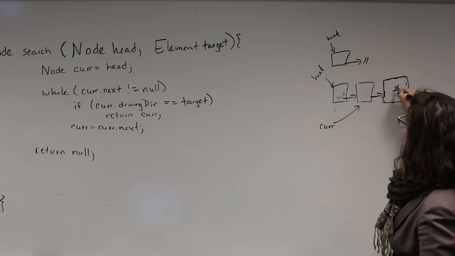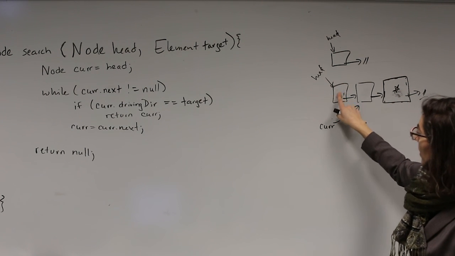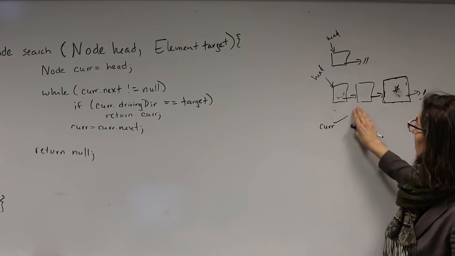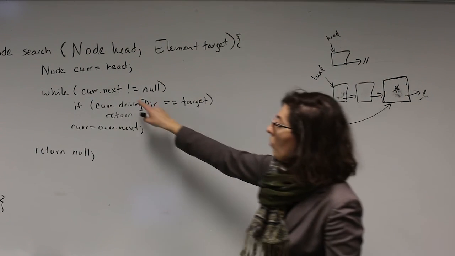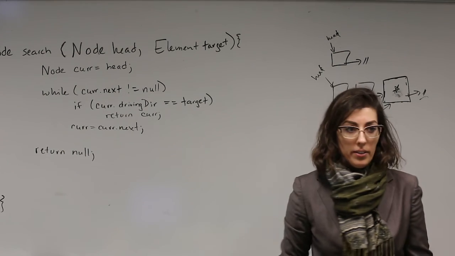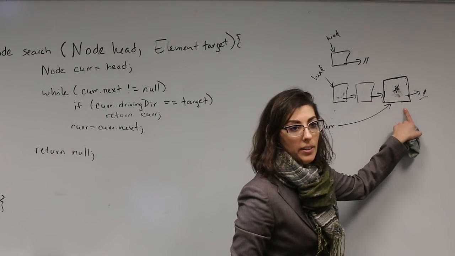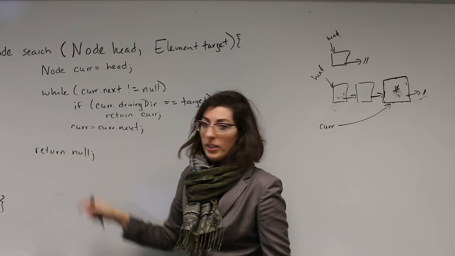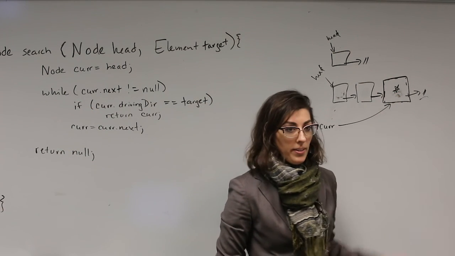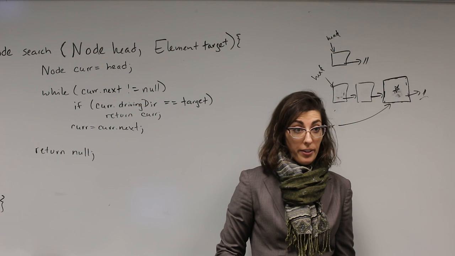How about if our data is at the end? So we would visit here, we'd visit here. Still haven't found it. Current equals current.next. While current.next does not equal null. Does current.next equal null here? It does. That means I pop out of that while loop and I return null, and yet my element was there. That's a bug, right?